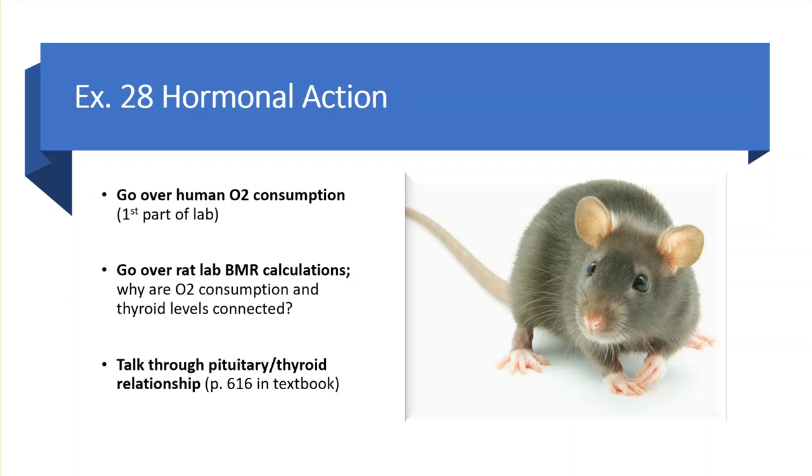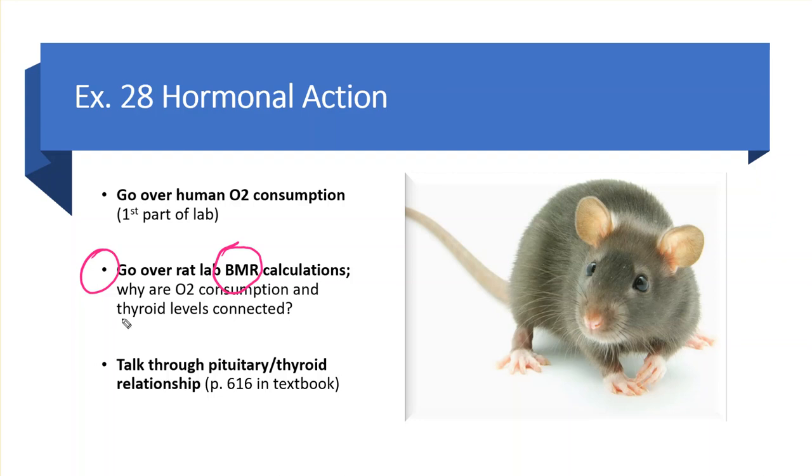Then I'm going to go over the rat lab portion of the lab because it seems a little bit disconnected. We're talking about human oxygen consumption, and then all of a sudden we're talking about rats and thyroid. We're going to be doing these basal metabolic rate calculations.